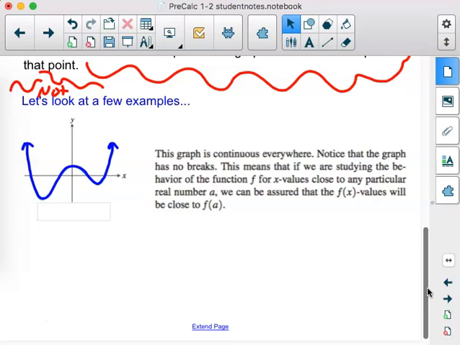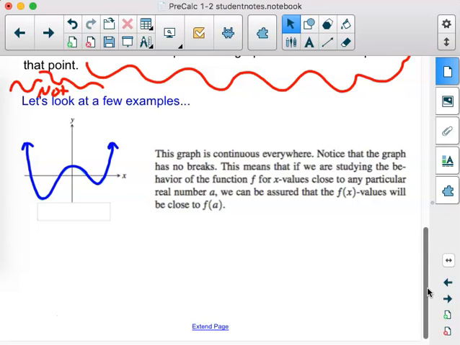This means that if we're studying the behavior of the function f for x values close to any particular real number a, we can be assured that the f of x values will be close to f of a. So what that's saying is, at no point did the graph suddenly jump up in the air or jump down and give us the feeling that, wow, that really doesn't look like it belongs, because that's what discontinuous functions do.